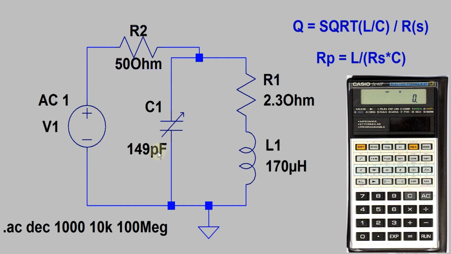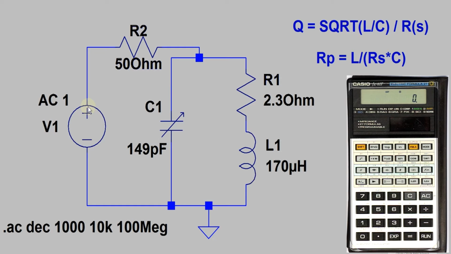And now what we do is we'll simulate the first way how to determine Q factor. You might remember this from episode 2 of this video series, that we just make a frequency sweep.